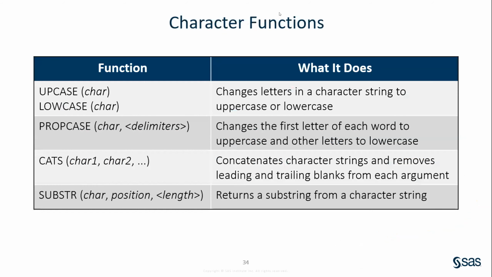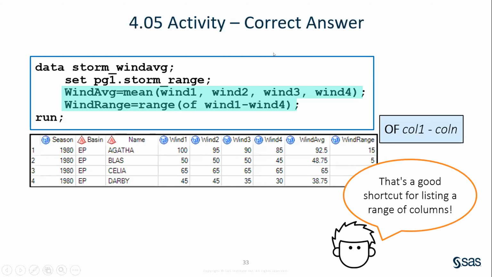So this of works for mean and range only? No, you can use it for sum, and for all other numeric functions also. It's just like you are providing the range of columns, to tell that it's not a difference or anything of that sort.